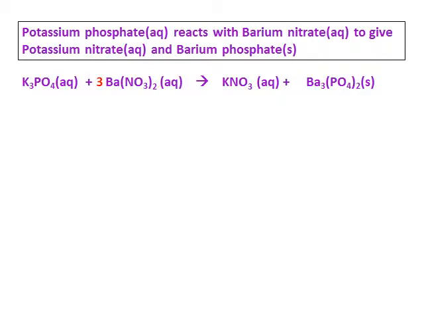So this makes nitrate 6, therefore add a 6 in front of KNO3. Now balance the potassium by adding a 2 next to potassium phosphate. So now if you look at it, you can see that all the ions present over there are balanced. So we have 6 potassium, 2 phosphates, 3 barium, 6 nitrate, the same on both sides.